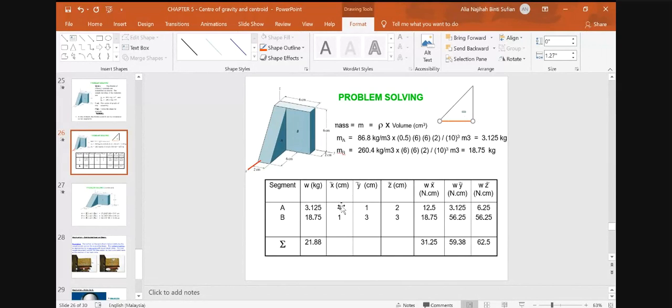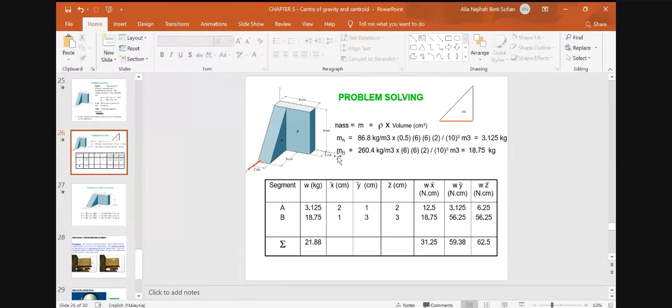We should get 2, not 4. Now let's move on to y bar. Y is 2 centimeter here.